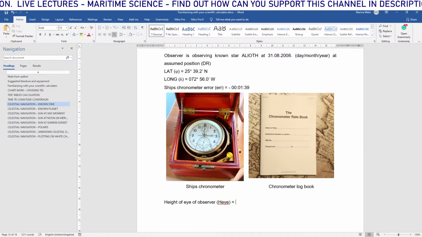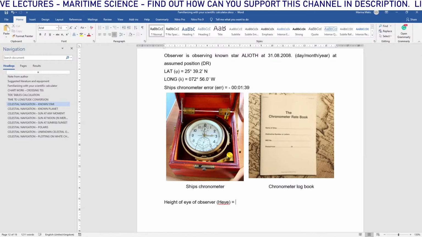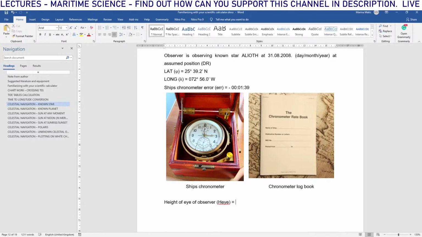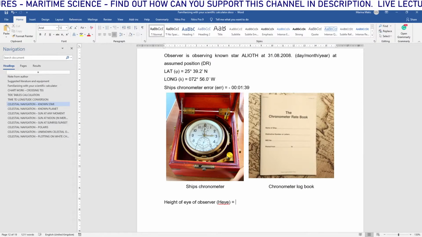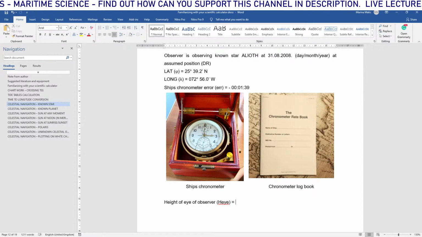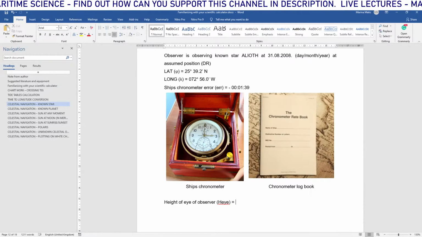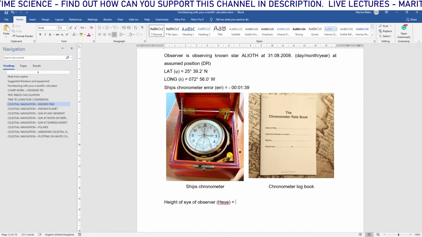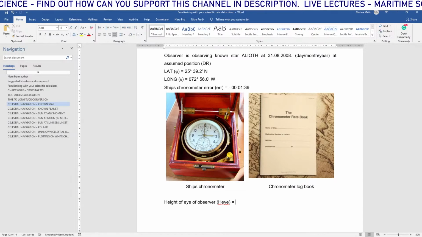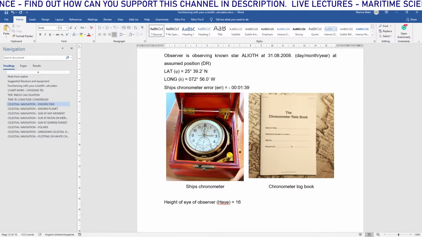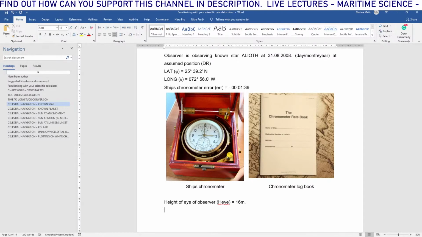If you have your gauge showing you your draft, and let's say your draft is 6 meters, so your ship is 6 meters in water and your total height is 10, that means that the height of your eye is 4 meters. So 10 minus your draft, 6 meters, is 4. But for this task, it is 16 meters.